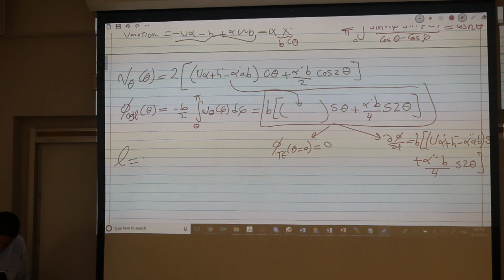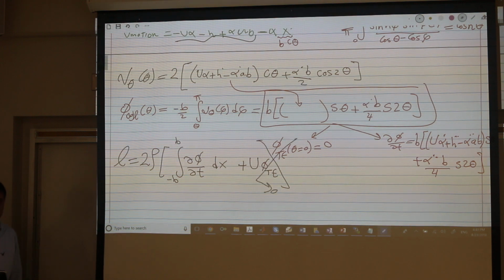So my left was 2, the formula above. 2 rho times the integration of negative b to b partial phi partial t dx plus u times phi trailing edge. So you can see that phi trailing edge is 0, making this 0.